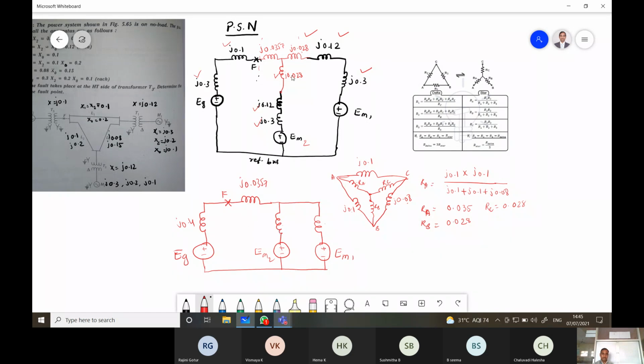So this will become 0.08 plus 0.12 plus 0.3. How much? 0.448, sir. 0.448. This one also 0.448, sir.